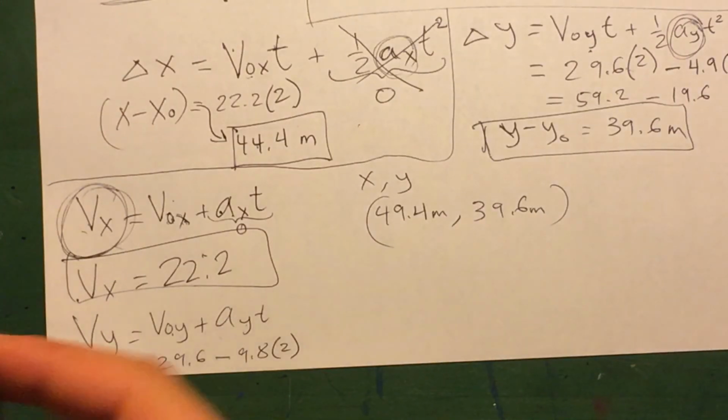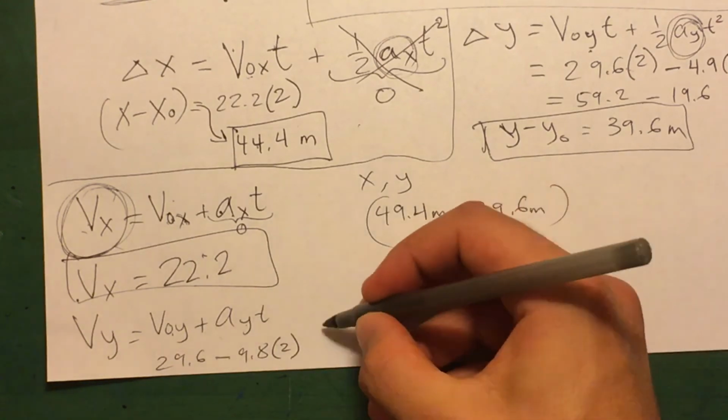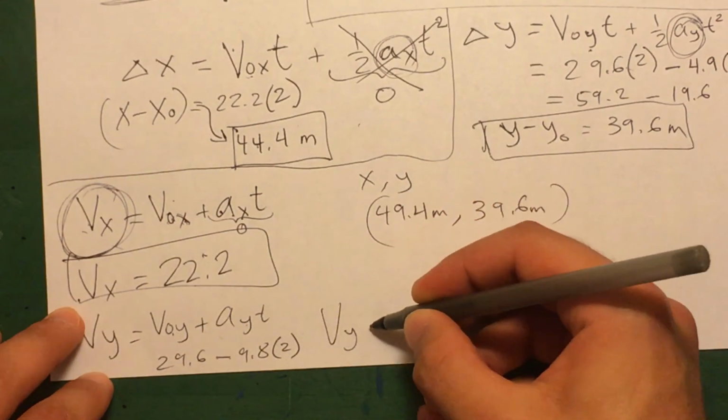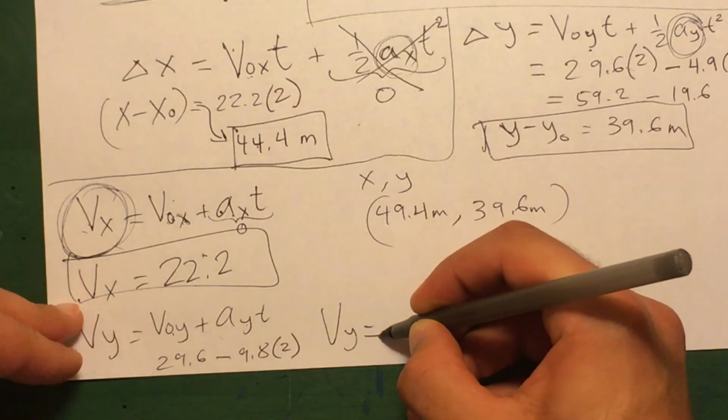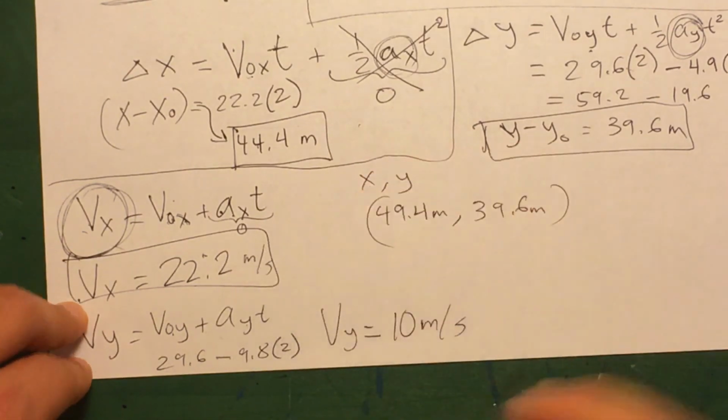When you punch that into the calculator, we get 29.6 minus 19.6, so the y component of velocity is equal to 10 meters per second. This is meters per second too, so be careful.